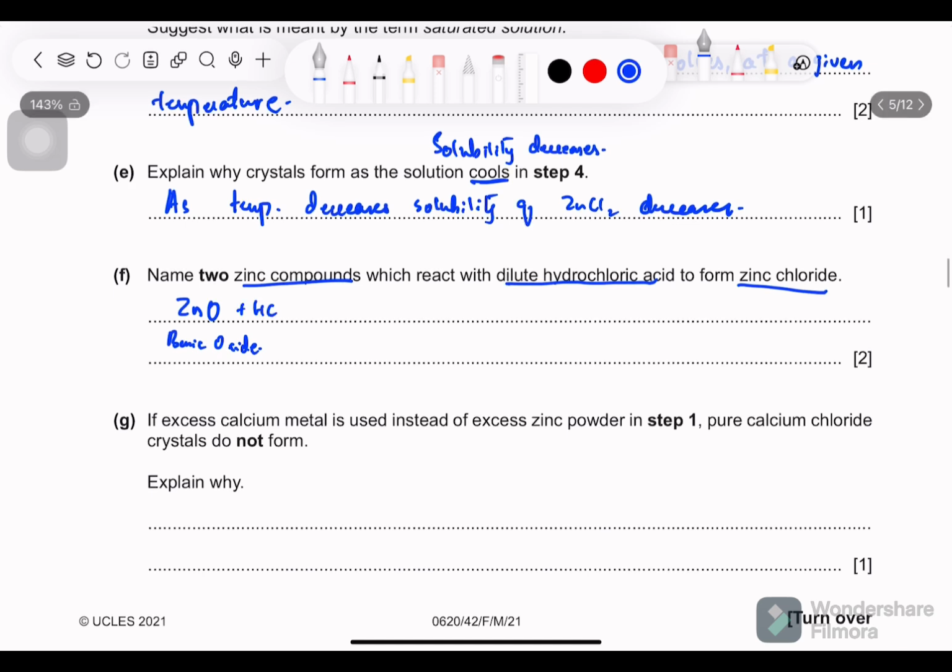It will react with an acid to produce zinc chloride plus H2O. No need for the equation, they're just asking about the compounds. So zinc oxide and zinc carbonate.